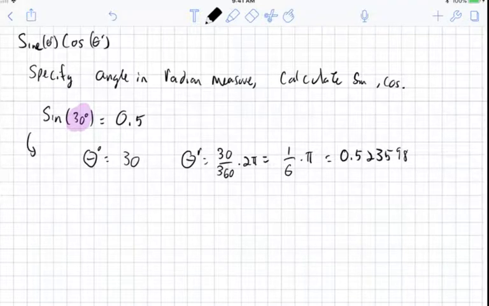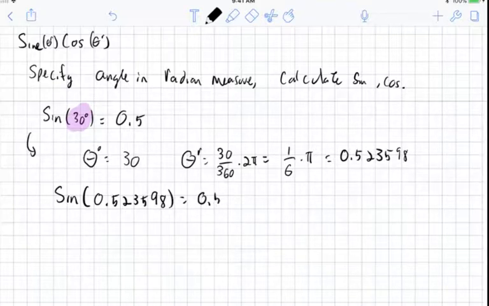So if I enter sine of 0.523598 in radians, you get 0.5. Okay.